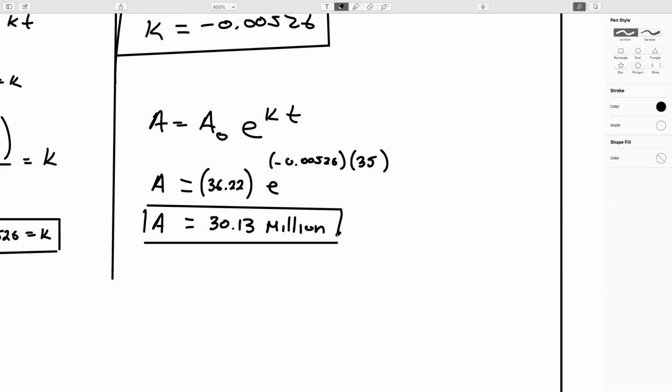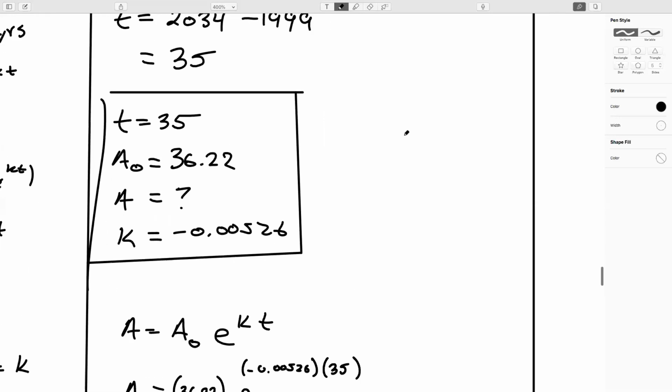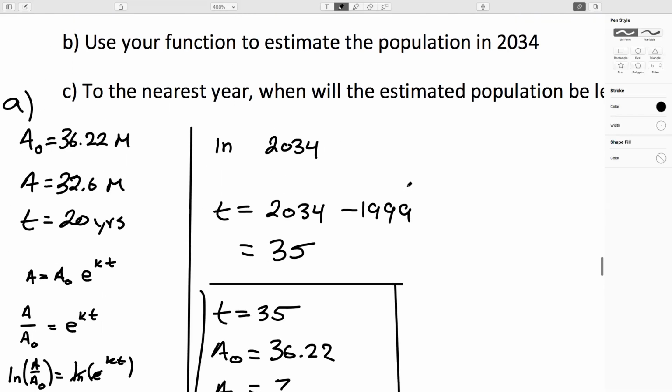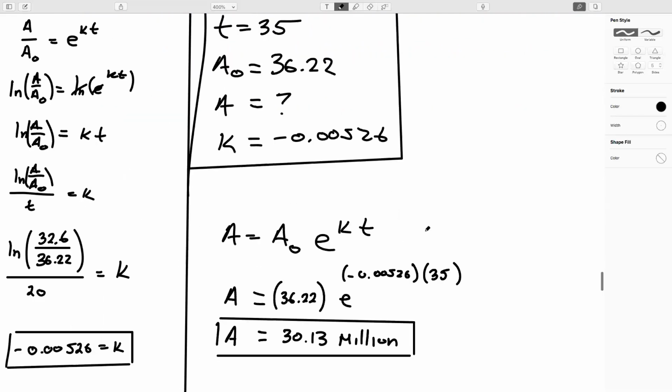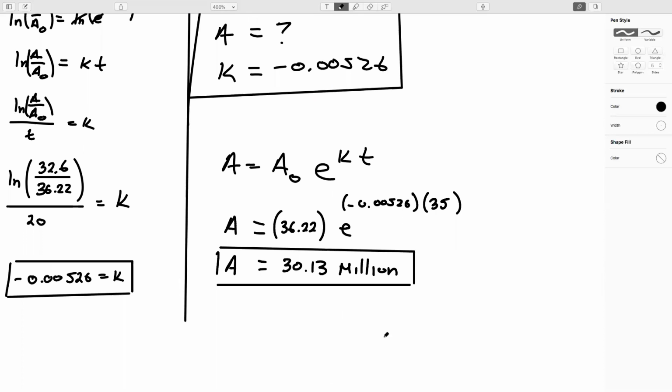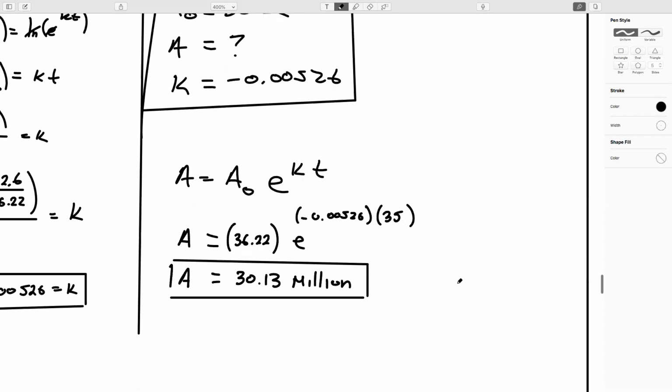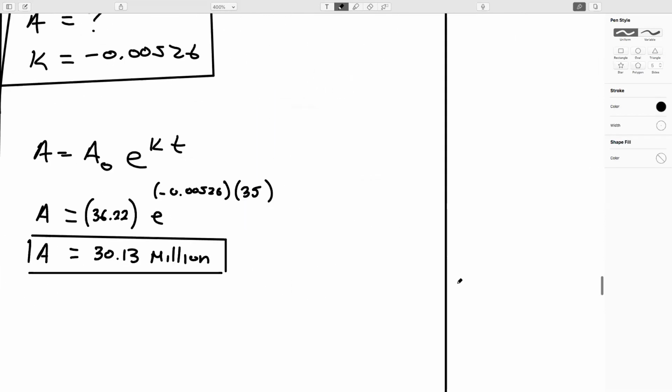Now, we should expect that this number is lower than our population was in 2019, and it is. The population was 32.6, and now we're down to 30.13. So you might be asking, why are we using this formula? Why don't we just use a population growth, like 0.9 to the power t?